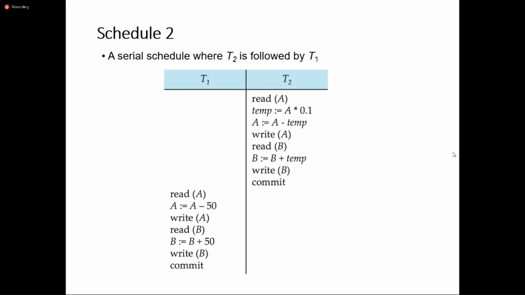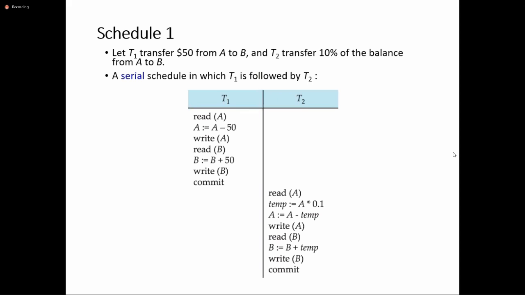First, which one do we do? The first one is T1 followed by T2, in that order. This is the serial schedule where T1 is followed by T2: first complete T1, then T2 follows.